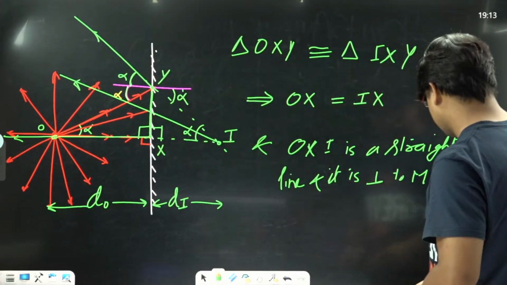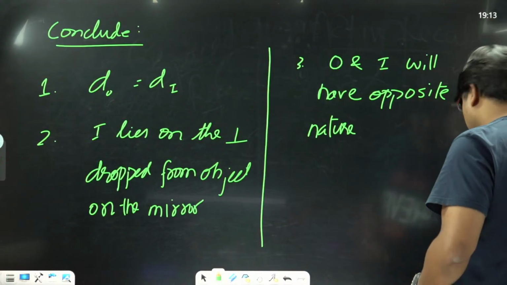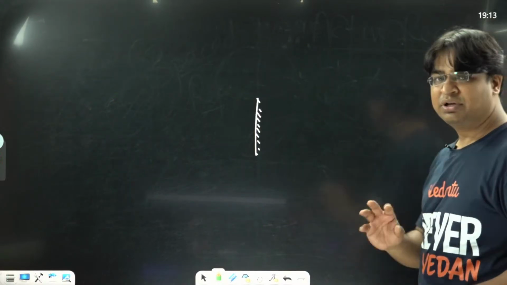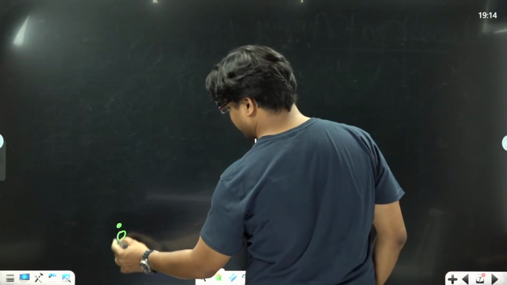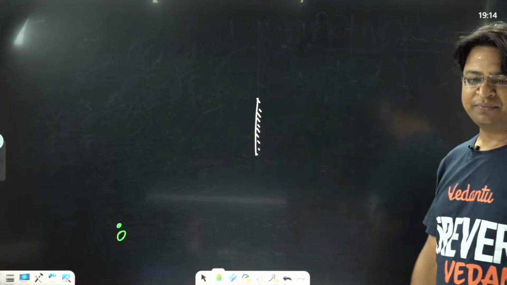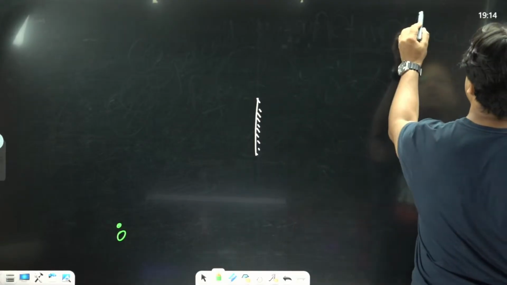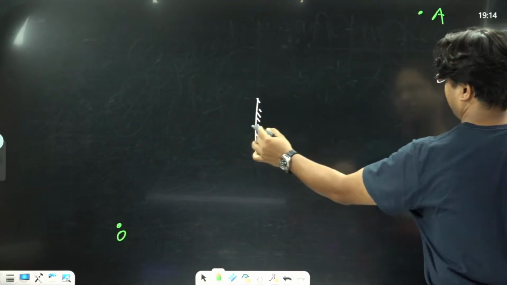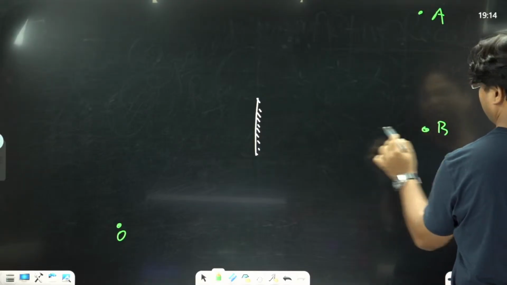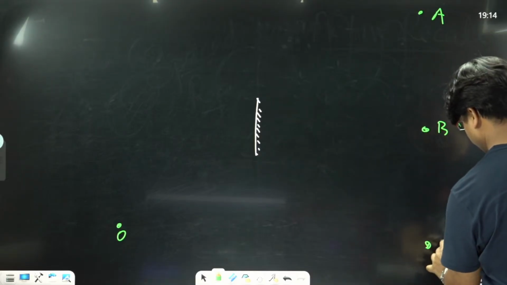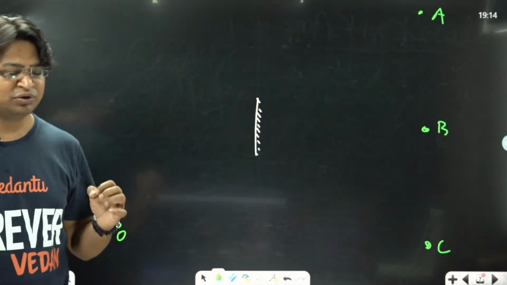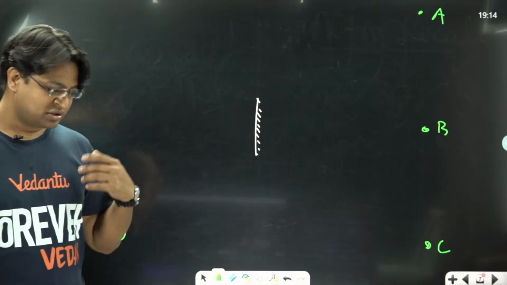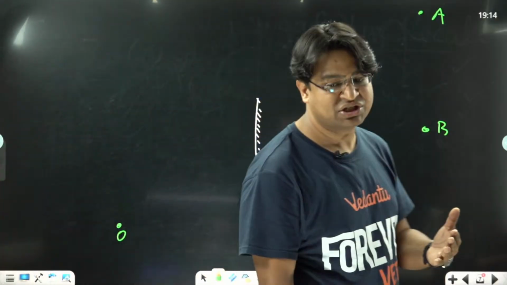Now think about this. Suppose an object is kept here. This is the mirror, and let's say this is point A, this is point B, and somewhere here is point C. Out of these three points, which point do you think is the best representation of the image of O?